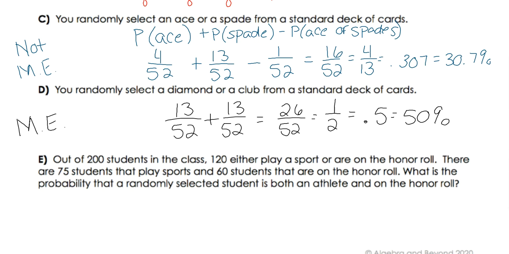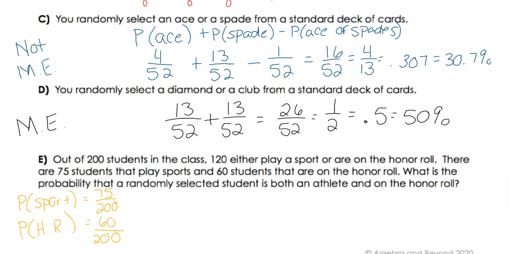So what they're telling us in this problem is that the probability of someone playing a sport, they told us that there are 75 out of the 200 that play sports. Then they tell us the probability of being on the honor roll, which was 60 students out of 200.